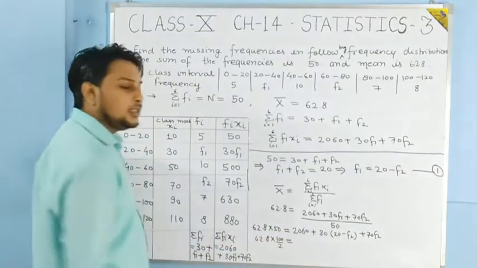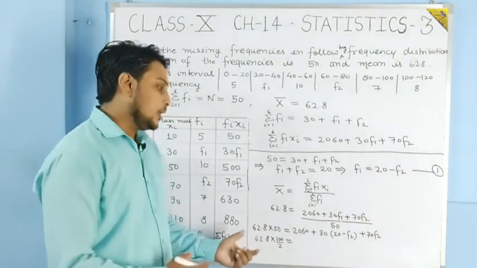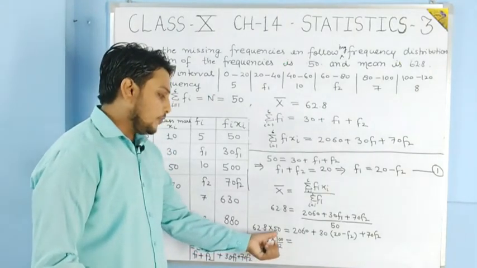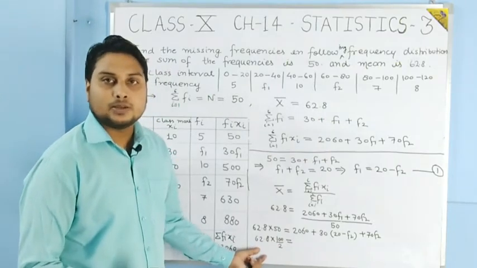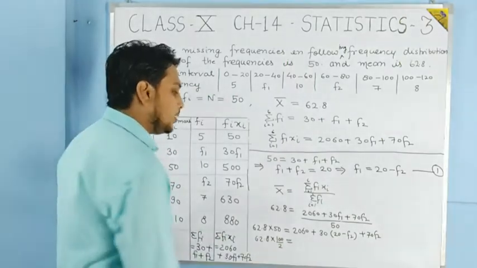Or you can just multiply. You can apply any method for the calculation. I have just written that 50 as 100 by 2 so that the calculation will be easy.